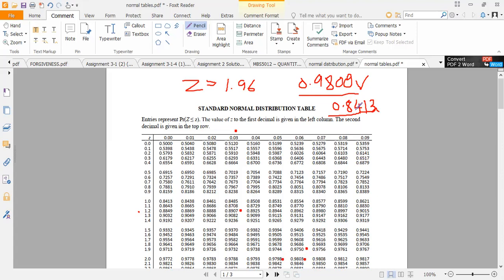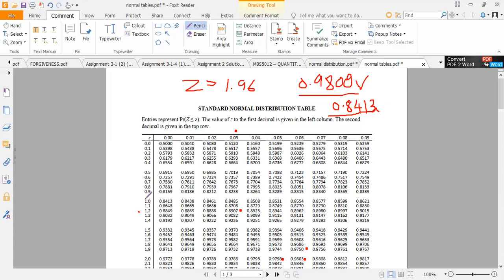How about 0.8413? What is the reading for 0.8413? It's 1.00.